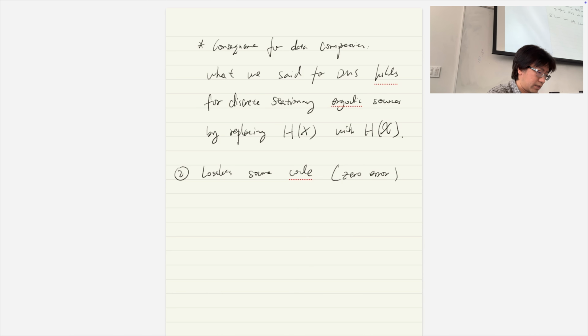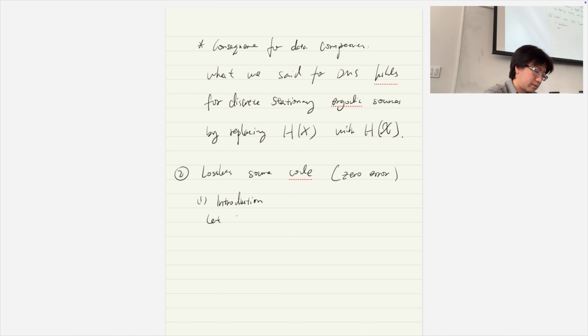So let me introduce some notations and definitions. Now we need to redefine the source alphabet, the code alphabet, and also the code length.